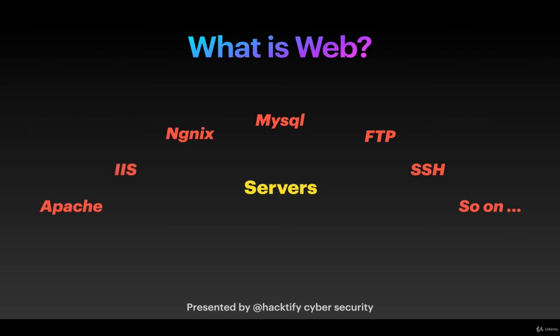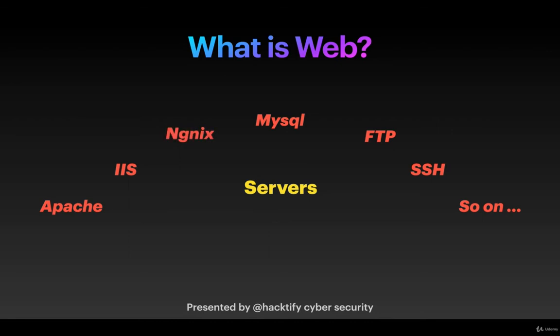IIS is a type of web server which is included by the Windows operating system and is pre-installed on Windows computers and Windows servers, for example 2008 R2 or 2012.